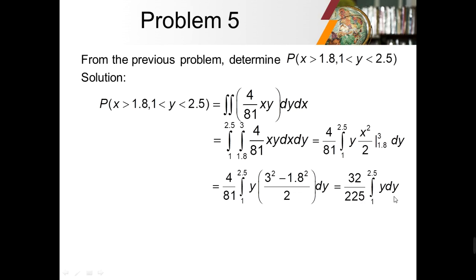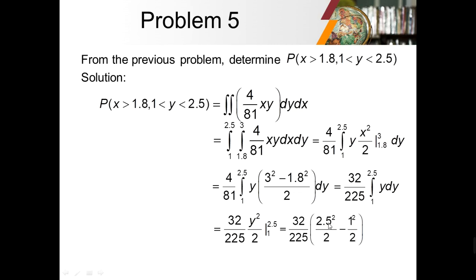So, y dy. And then, integrate uli in terms of y naman. So, syempre, that's y squared over 2 with limits from 1 to 2.5. Substitute lang ulit yung limits natin. So, that is 32 over 225 times 2.5 squared over 2 minus 1 squared over 2.